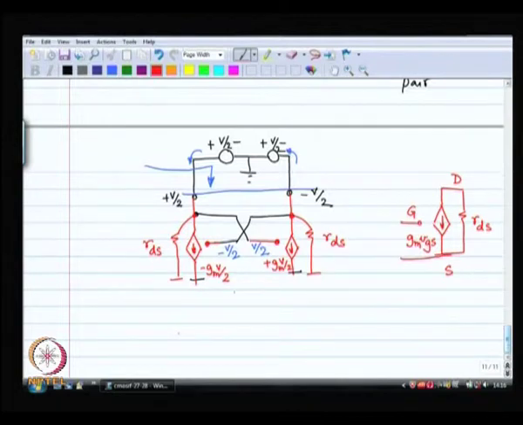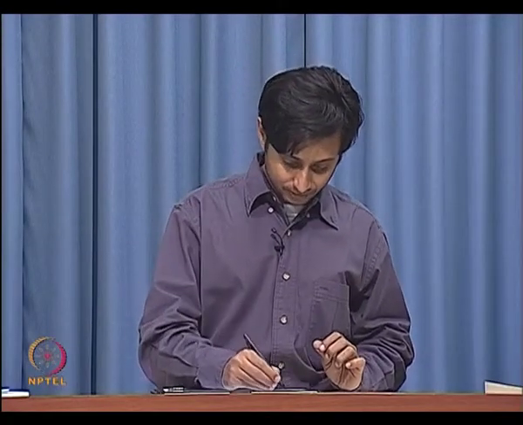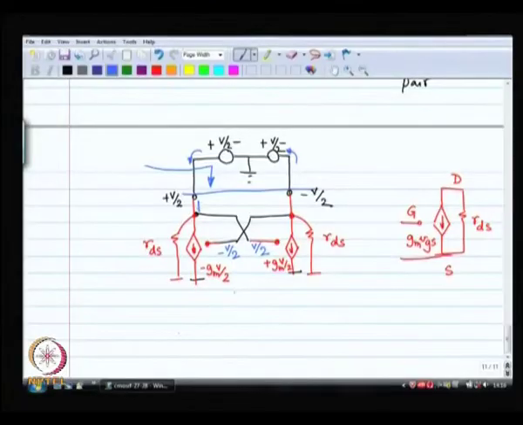And now, let us do Kirchhoff's current law to figure out what is the total current over here. It is easy to see that what I have got is V by 2 divided by RDS, that is the current going through the resistor, minus Gm times V by 2.